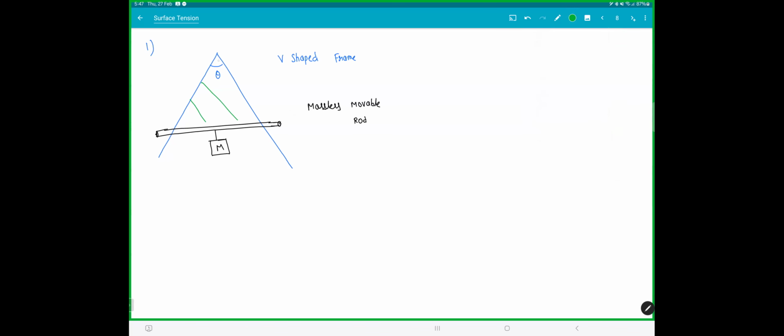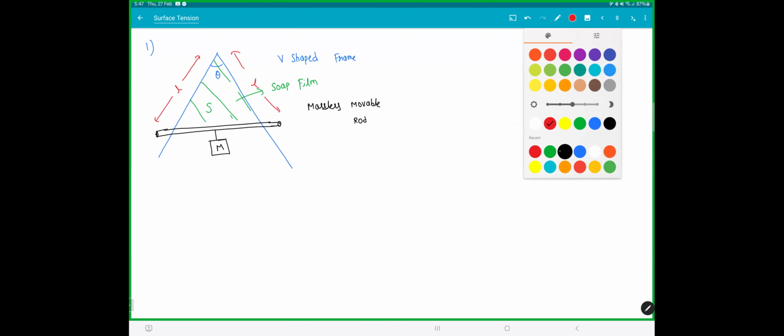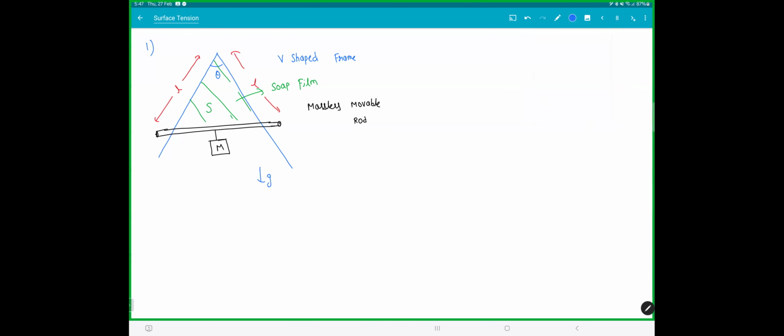Here we have a soap film. Surface tension is S. This slanting length is L. Gravity is also there. So this is the front view. System is in equilibrium. First question: find M if the system is at rest.